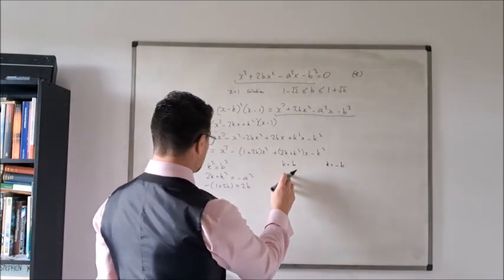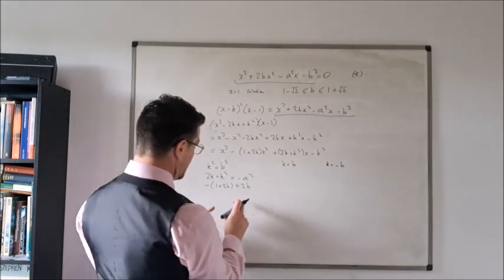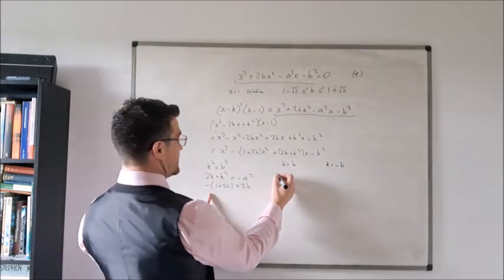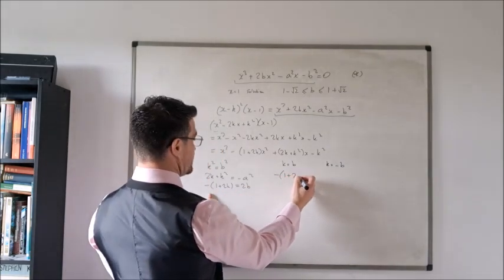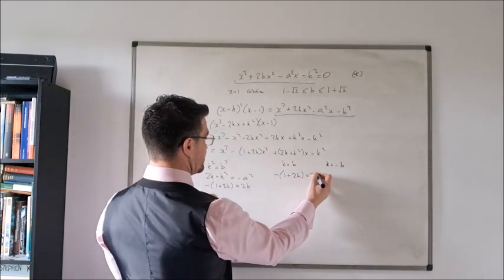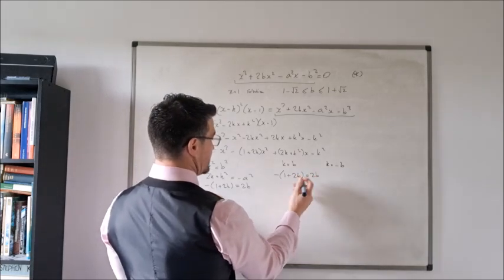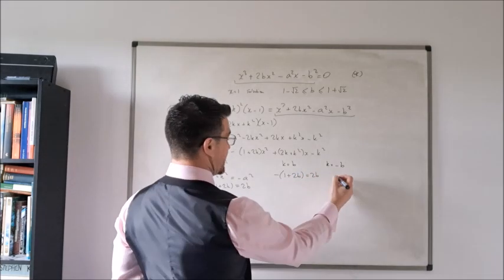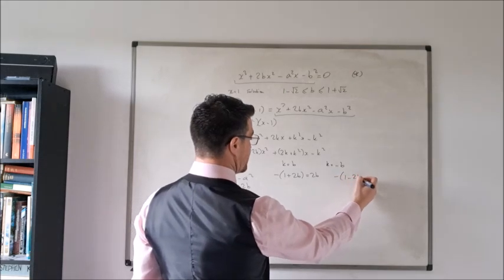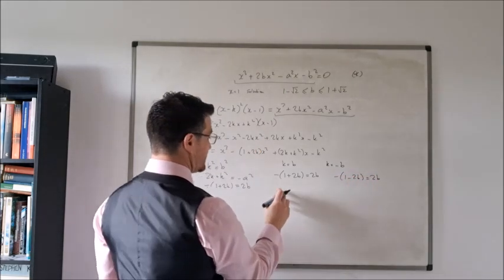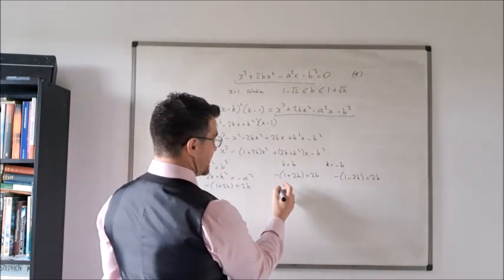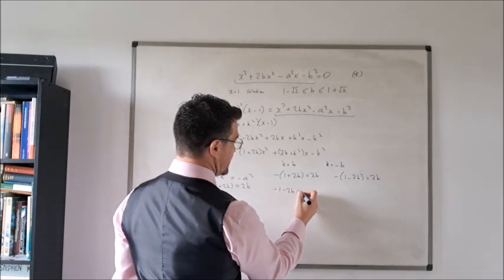So if k is equal to b, plug that into here, we get minus 1 plus 2b is equal to 2b. And plugging k equals minus b into here, we get minus 1 minus 2b equals 2b. So in this case, we get minus 1 minus 2b equals 2b.